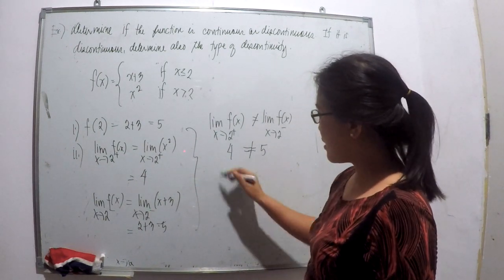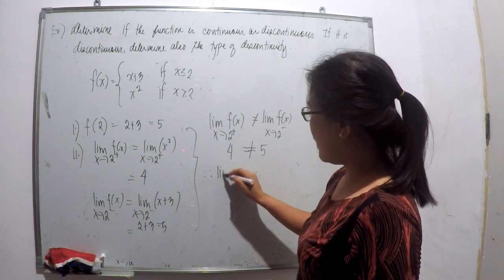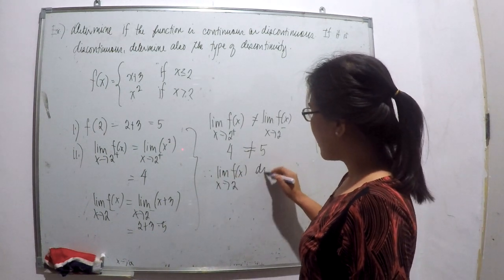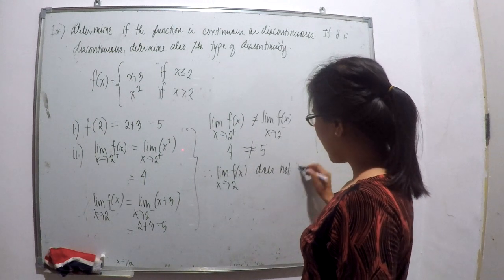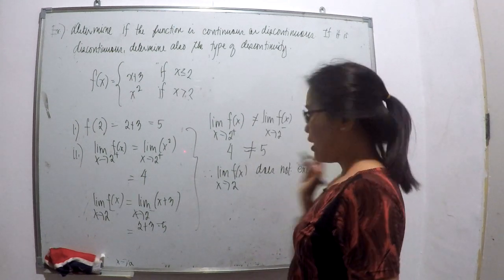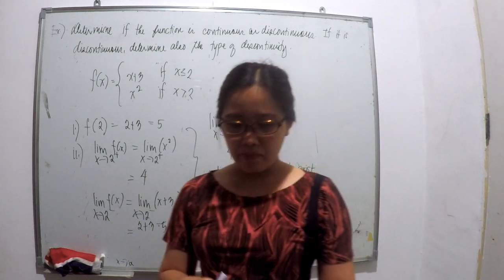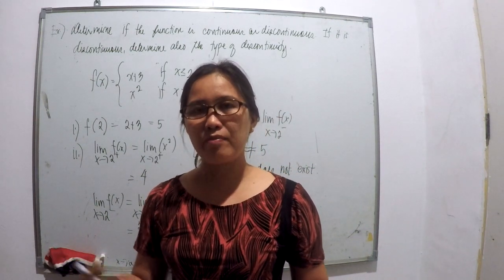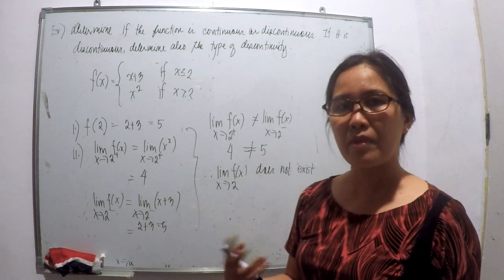In other words, therefore, the limit of f of x as x approaches 2 does not exist, because we have a theorem that for a limit to exist, the left hand and the right hand limit must be equal.